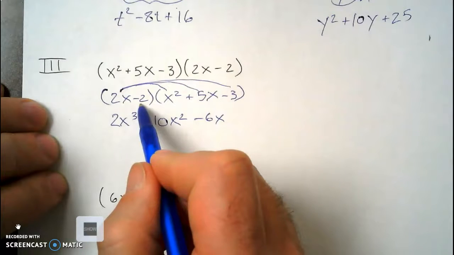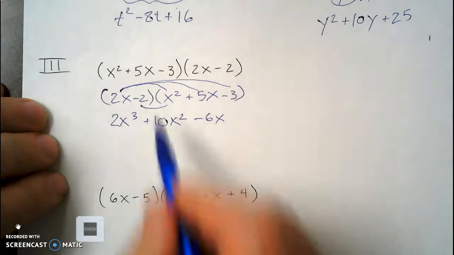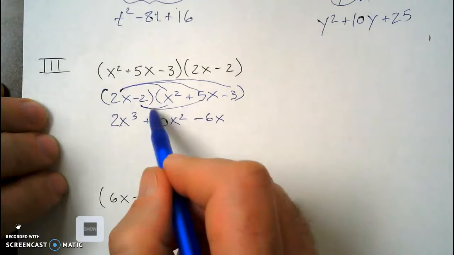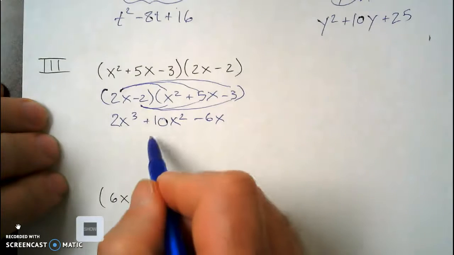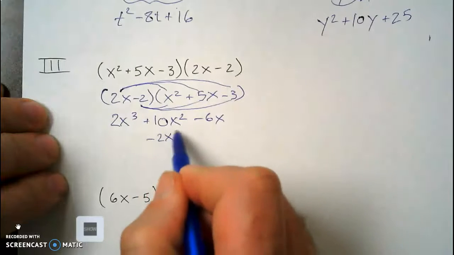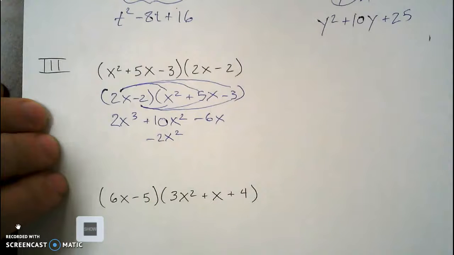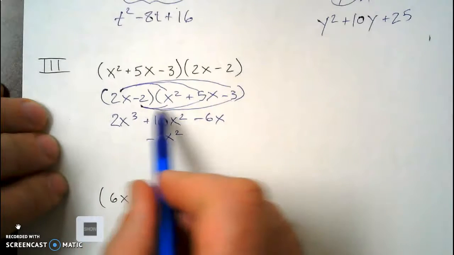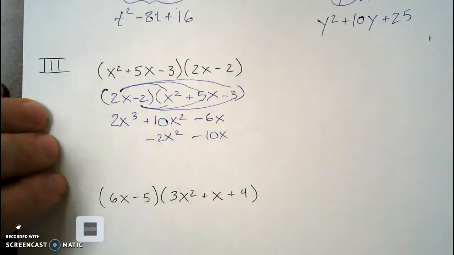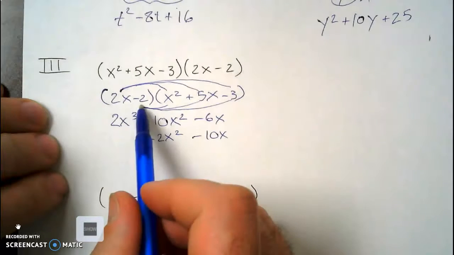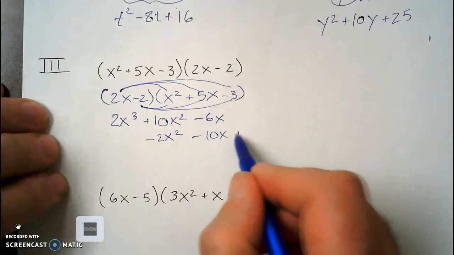Now I'm going to distribute negative 2 3 times. So these problems have 6 multiplications. Negative 2 times x squared is negative 2x squared. I'm going to write it underneath the other x squared, because I'm going to combine like terms. Negative 2 times positive 5x is negative 10x. And negative 2 times negative 3 is positive 6.